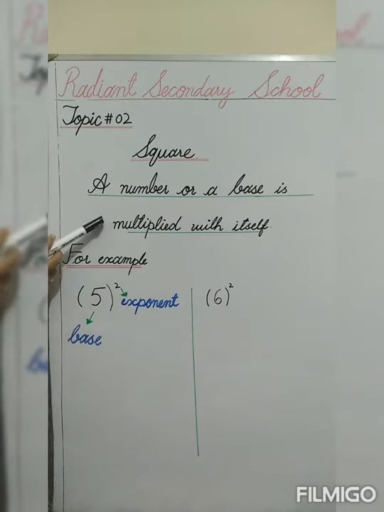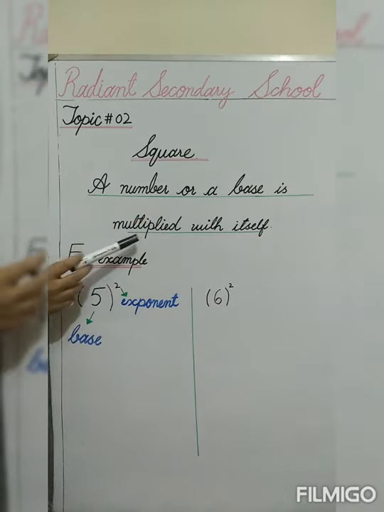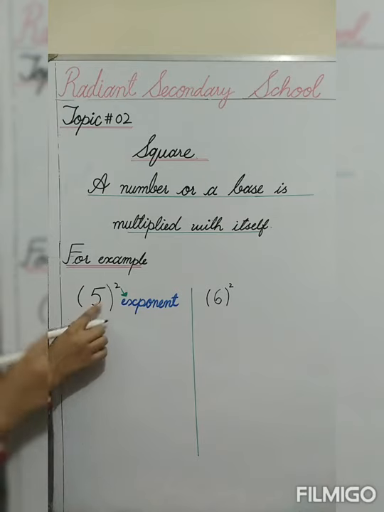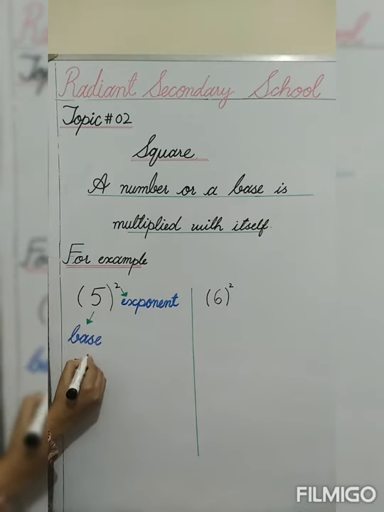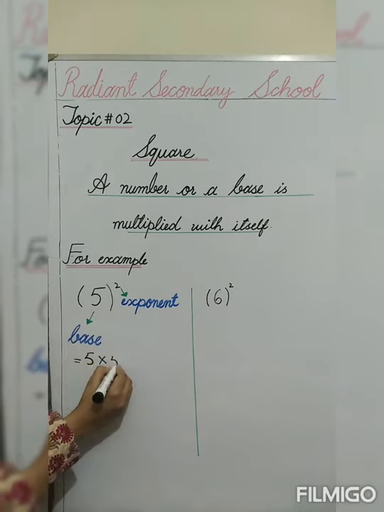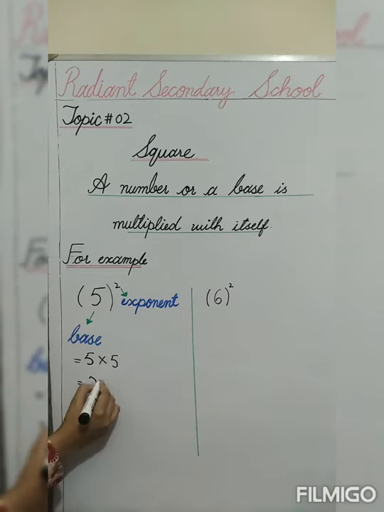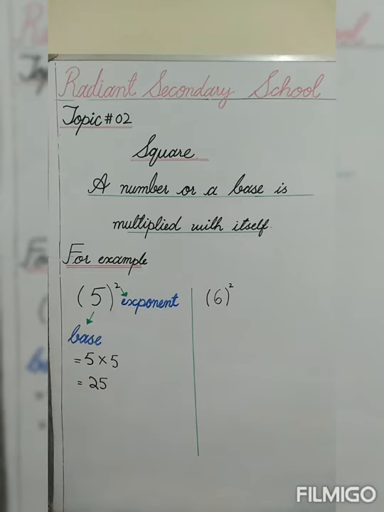As you can see from the definition, a base is multiplied with itself. So 5 is the base here. 5 square means 5 multiplied by 5, and by multiplying it we'll get 25.